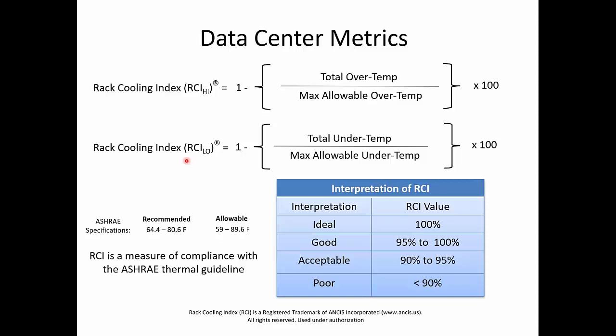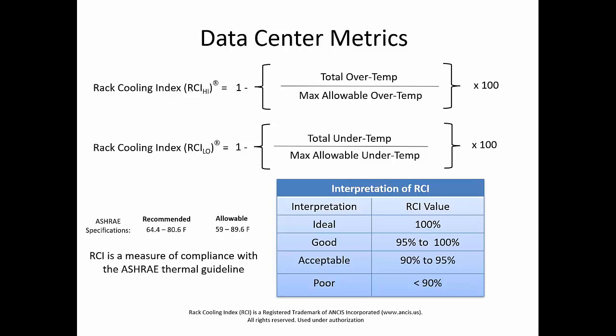RCI low is not used as much because this is how many are under this range. Data centers today that are showing blue, I'll show you this in a moment, are supplying lower than 64.4, or 60 degrees allowable. Electronics equipment doesn't degrade with temperature.